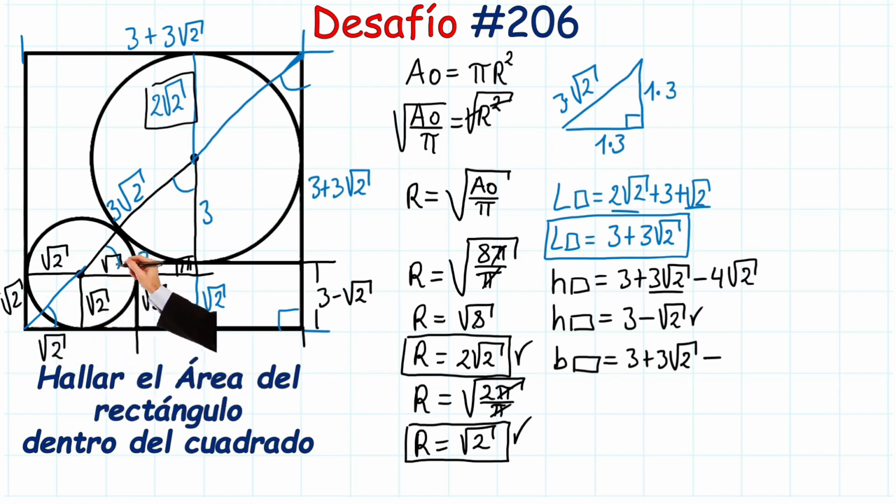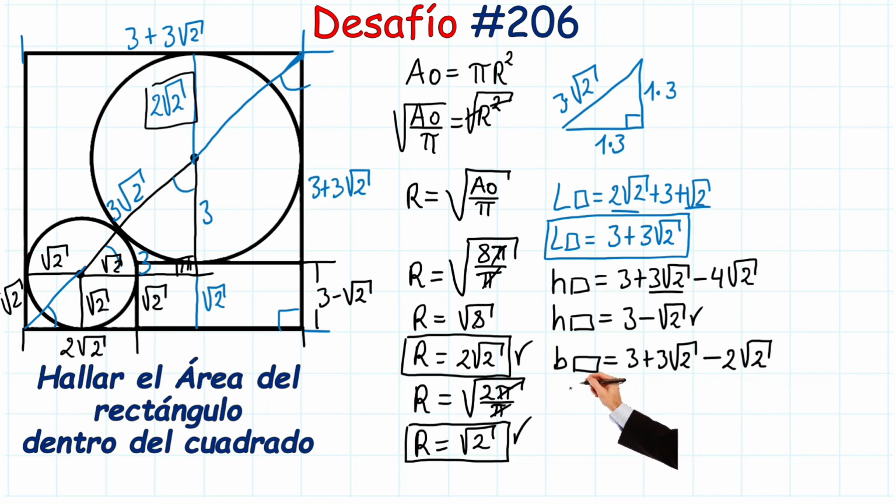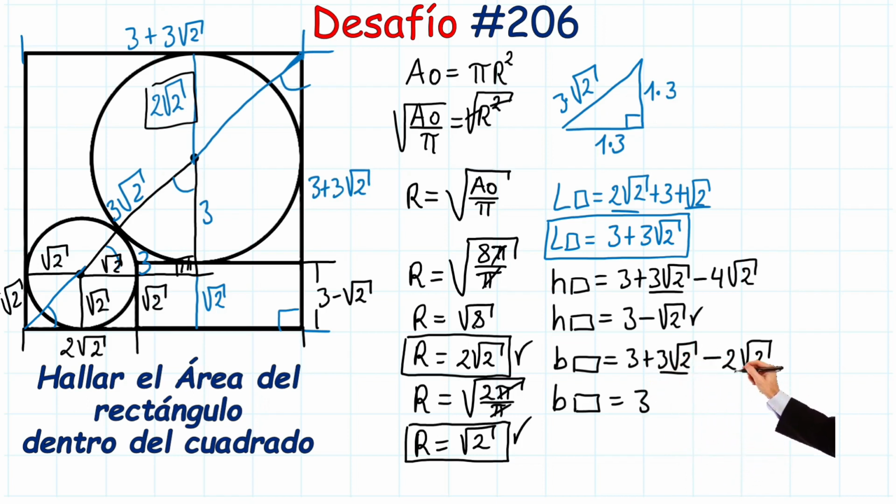If this part here is square root of 2, down here it's going to be square root of 2 as well. Adding these two things, we have 2 times square root of 2. That's the distance from here to there that we will subtract. So the base of the rectangle is equal to 3 plus 3 times the square root of 2 minus 2 times the square root of 2, which is 3 plus the square root of 2.